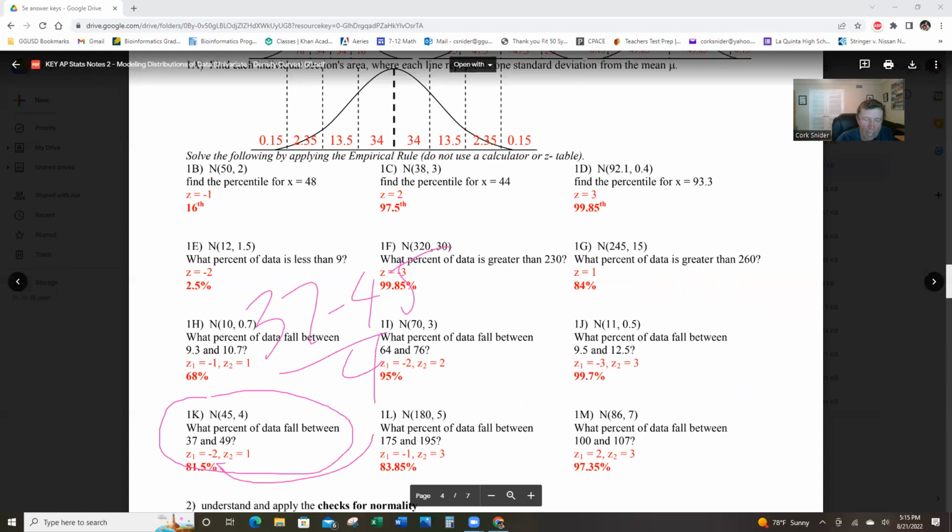And then 49 minus 45 divided by 4 is +1. So you're talking between -2 and 1, okay? So it's pretty easy. You can add those 3 sections together. Some people will go 95% minus 13.5, which is fine. Some will go 34 plus 34 plus 13.5 and get 81.5.